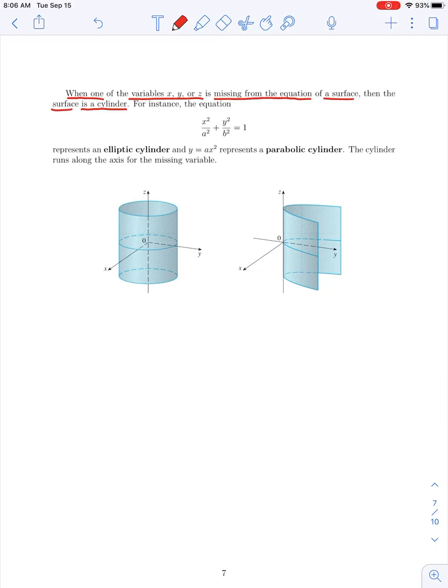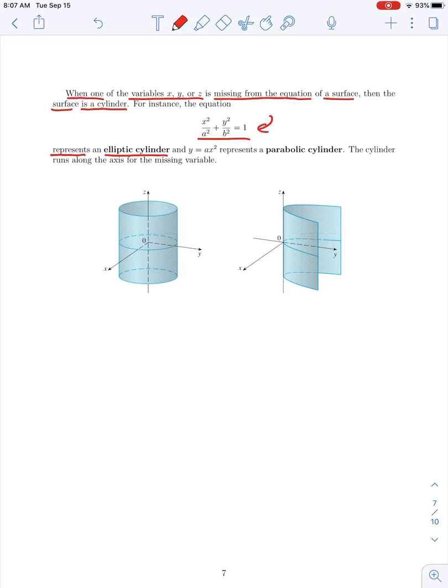So as an example, let's consider the following equation. Let's say x squared over a squared plus y squared over b squared is equal to 1. So if we think about that equation in space, it would define a surface. And notice that the variable z is missing. So this surface represents an elliptic cylinder.